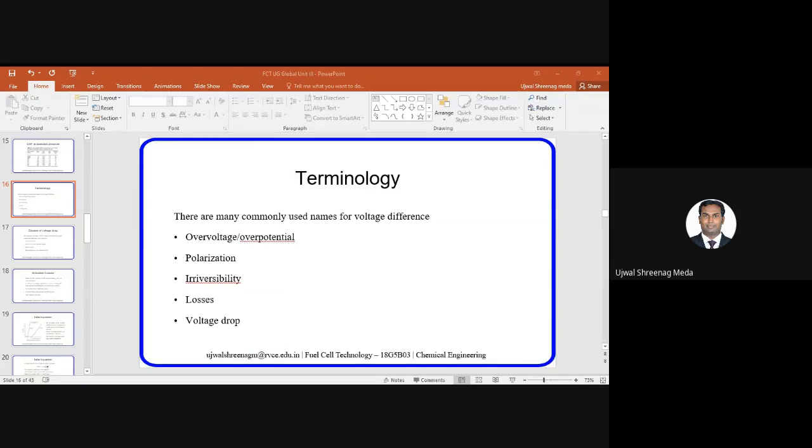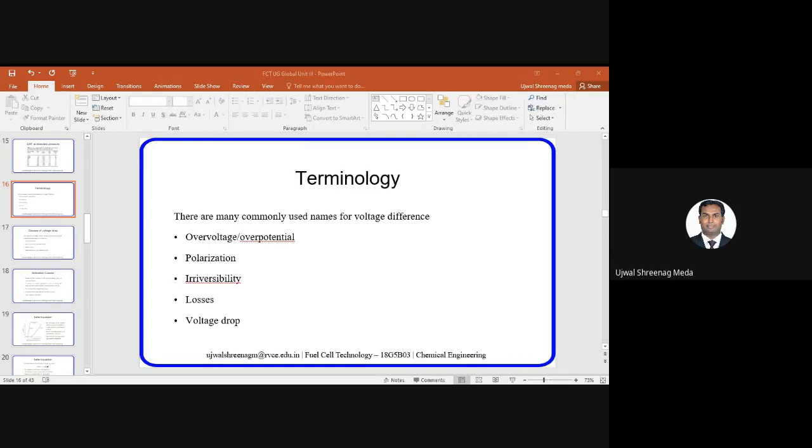Intrinsic maximum efficiency, as the name itself indicates, is the maximum possible efficiency based on the total energy, that is enthalpy, and the energy available to do useful work, that is Gibbs free energy. If we take the ratio of the two, we get the maximum possible efficiency, known as intrinsic maximum efficiency.